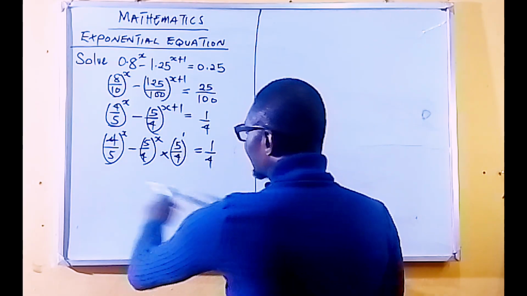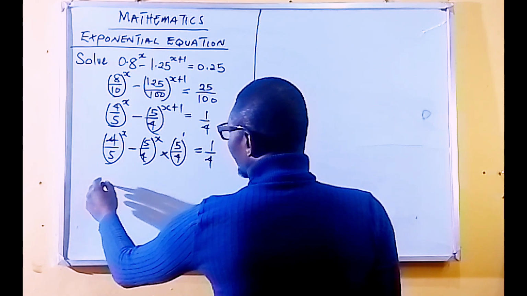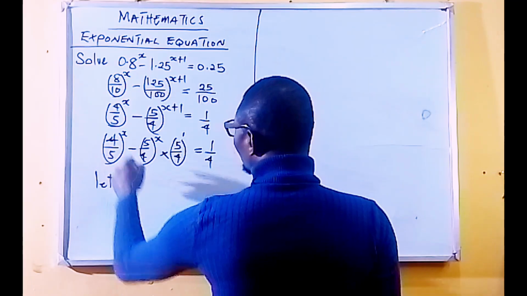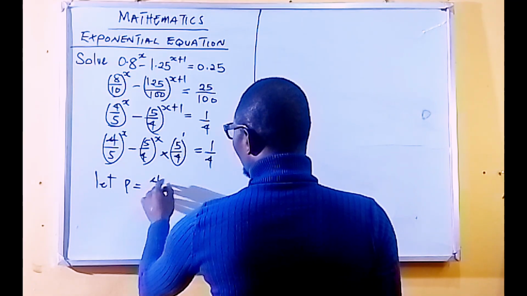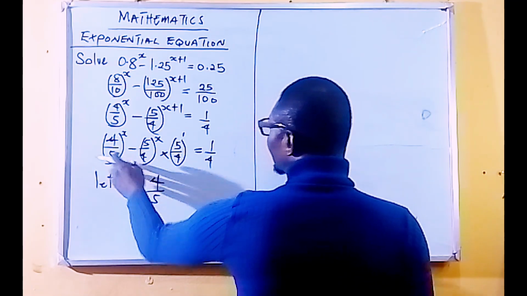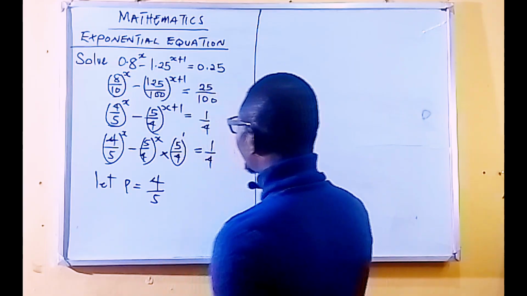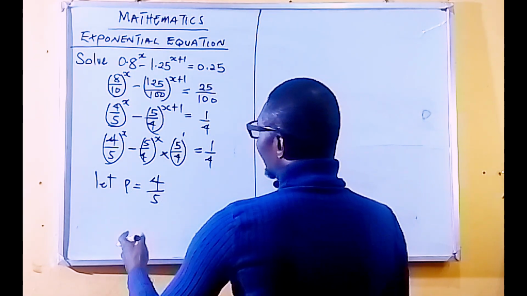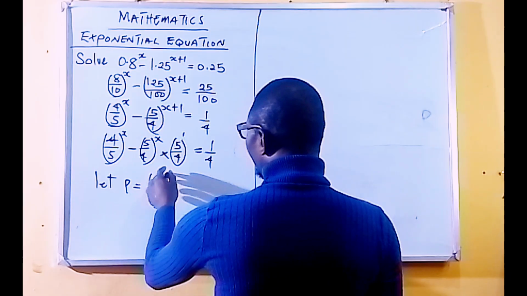So at this point, let's make p equal to 4 over 5 raised to the power of x, to simplify this fraction.